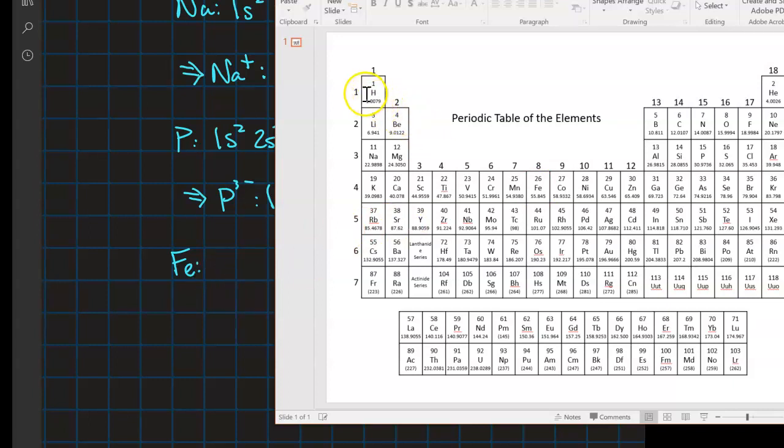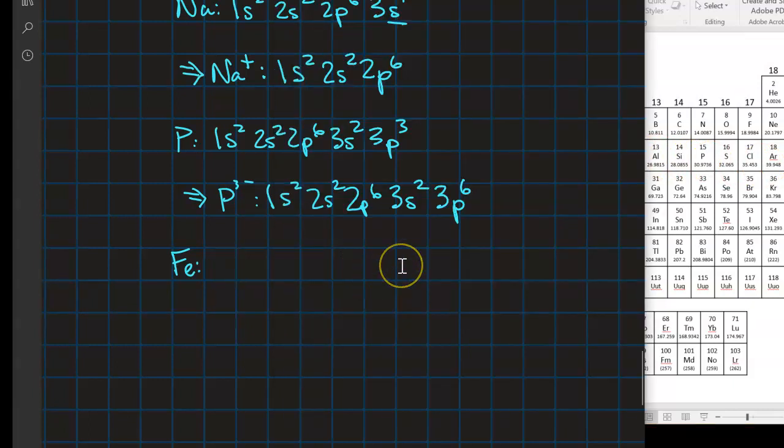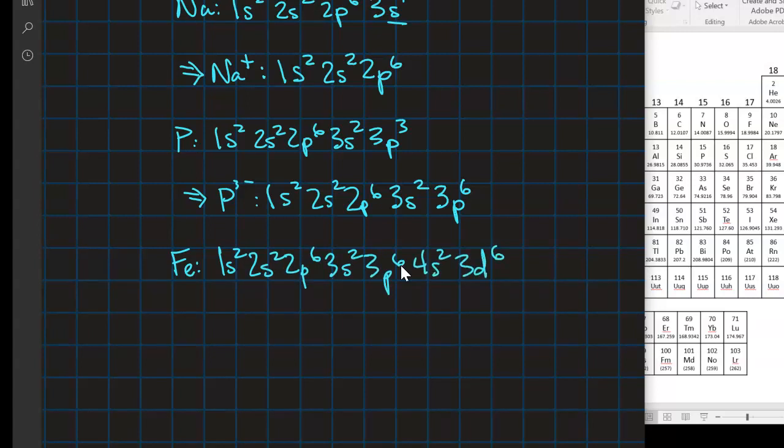We're going to start with 1s, then we'll go to 2s, and then 2p. We'll go to 3s, and then 3p. We'll do 4s, and then we'll do 3d6. So it'll look like this: 1s2, 2s2, 2p6, 3s2, 3p6, 4s2, and then 3d6.